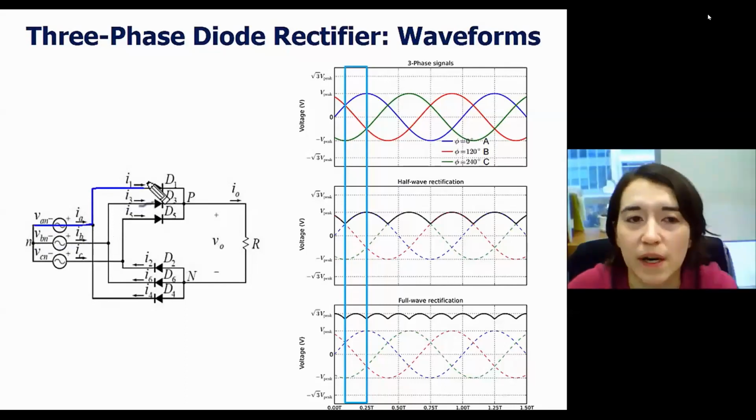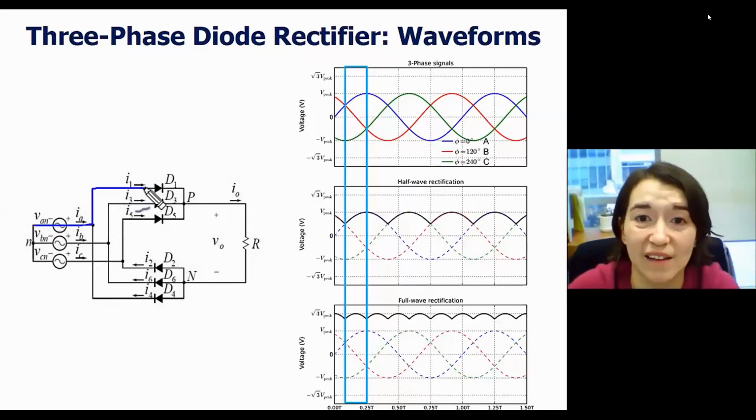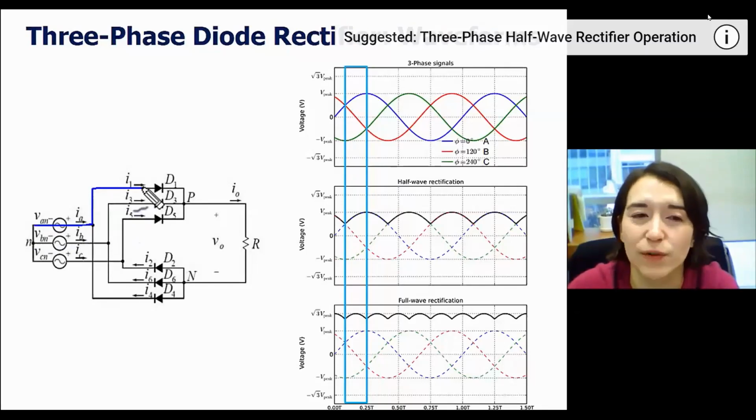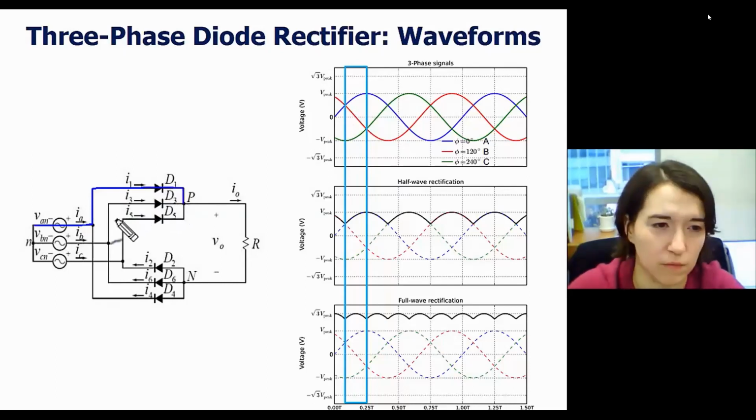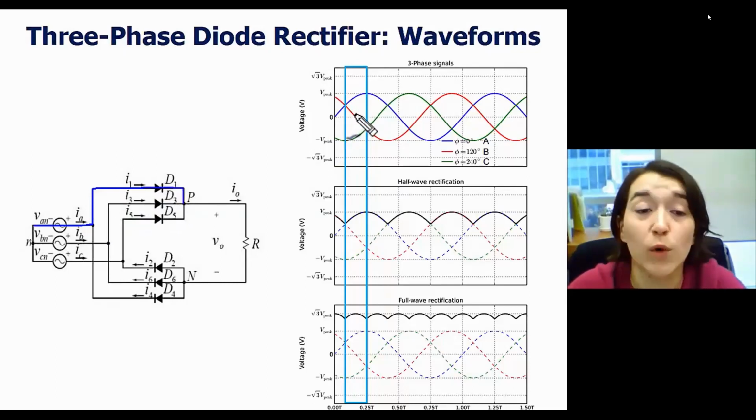Because this voltage is the highest among these, B is slightly in the middle, and then C is negative, we know that the highest voltage is going to win essentially, and that diode is going to turn on, so D1, and these are going to be blocking. And this voltage from here to here, this is for B, B is more negative, so this is actually blocking, so it doesn't go here.